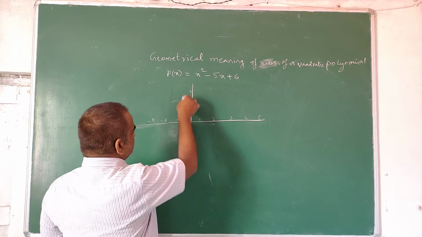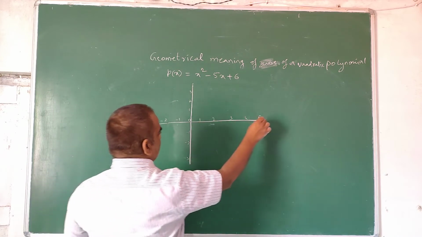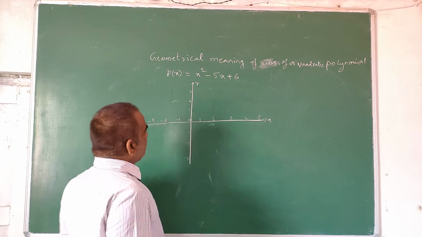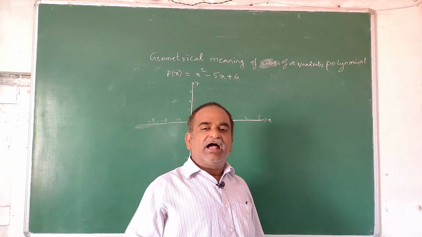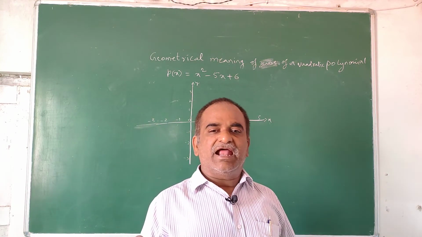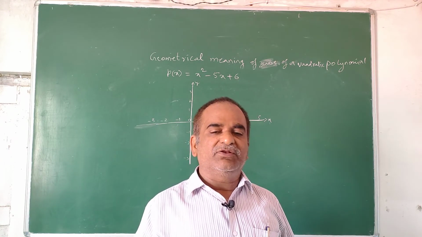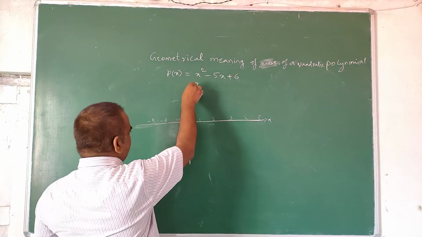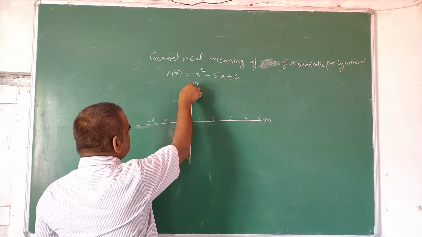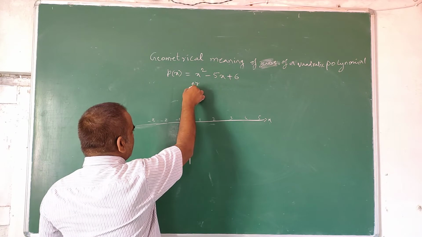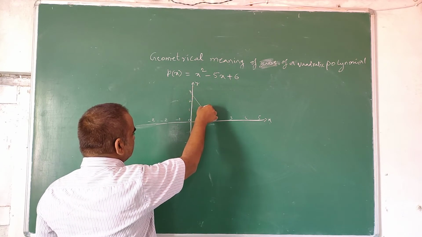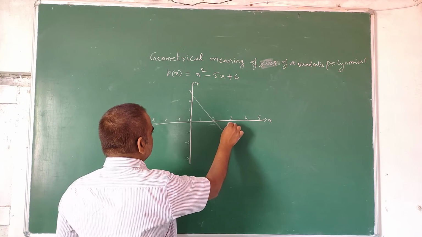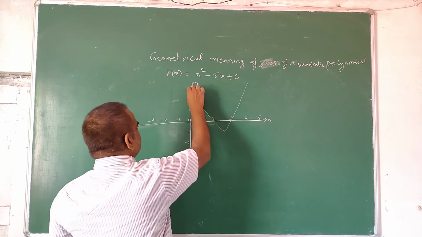Please don't take this diagram very seriously, okay? Just I would like to make you understand the geometrical meaning of zeros of a quadratic polynomial. So just I am taking a rough diagram. The diagram will come like this. Like this it goes.